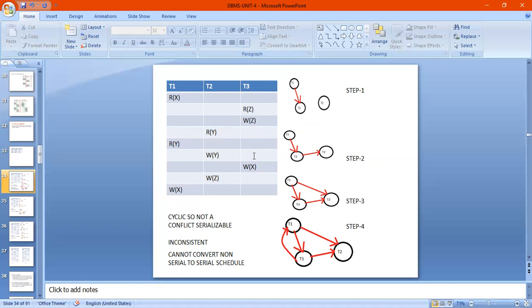W of Y is there, and W means write here. R is for read and blank is no time slot, no swapping is going on. Conflicting is not going on here, and the time slot is there. So nothing means time slot. Here T1, T2 is nothing, and the T3 is a write operation. Same here. T1 nothing, T2 is write of Z, and here is nothing. So write of X and nothing.